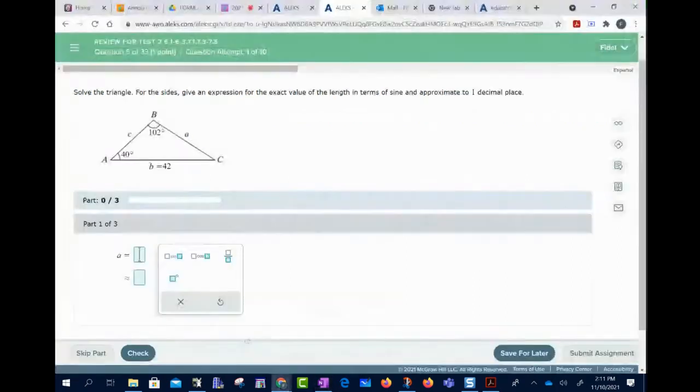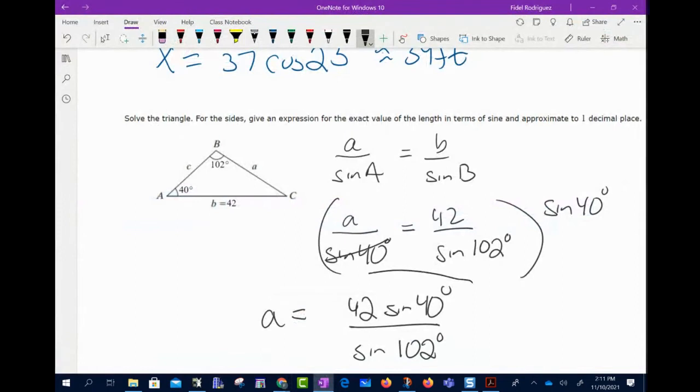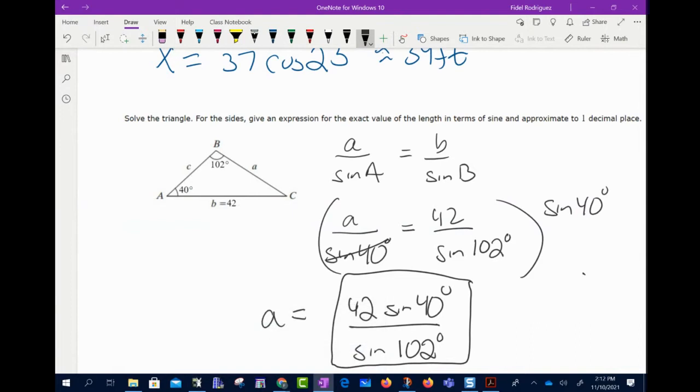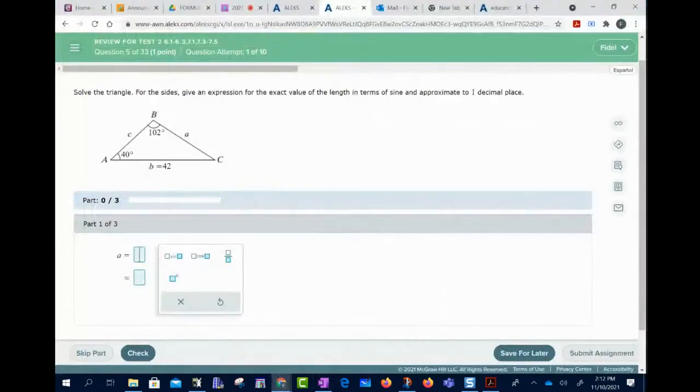And the first thing I want to do, I'm going to come back over here. I want you to notice it's asking me to find, and it has it right here, the exact value, right? So the exact value, y'all, is this part right here, okay? So let's enter that in. What is it? 42 sine 40 divided by sine 102. Okay. Oops, where did we go? Here we go.